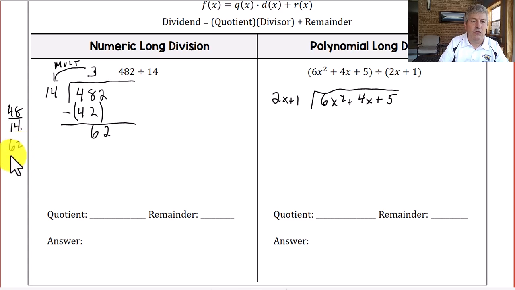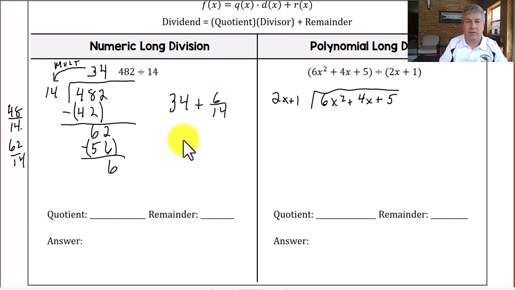What's 62 divided by 14? 14 goes in evenly 4 times. So we have 4, and then we take that 4 and multiply back. 4 times 14 is 56. Then we subtract that whole quantity, and we get a remainder of 6. So our answer is 34 plus 6 over 14.